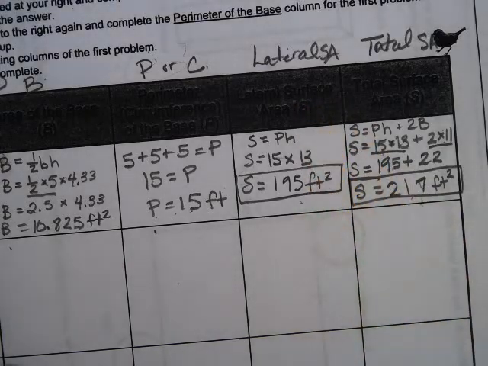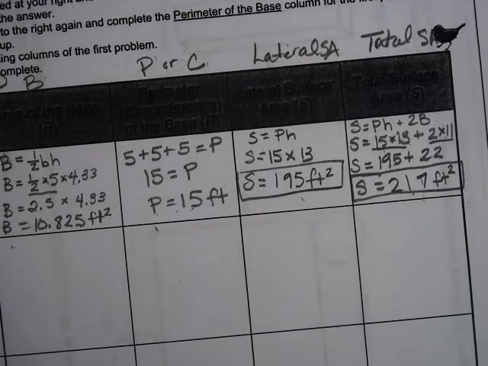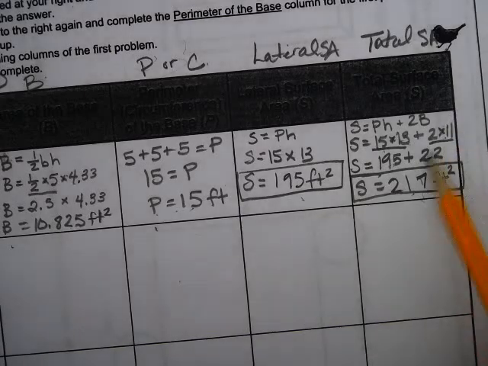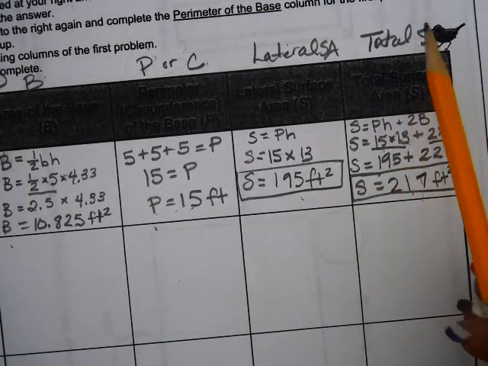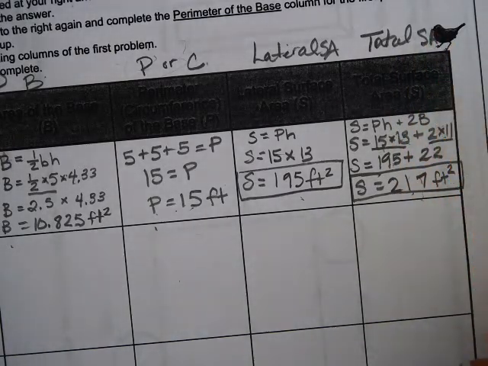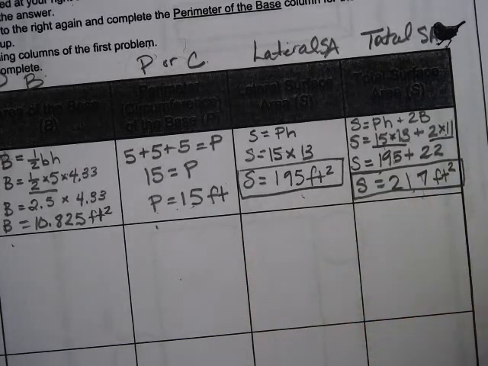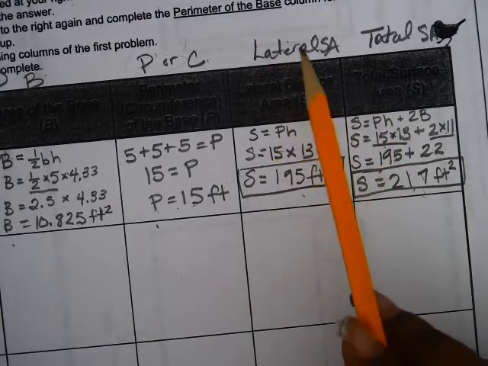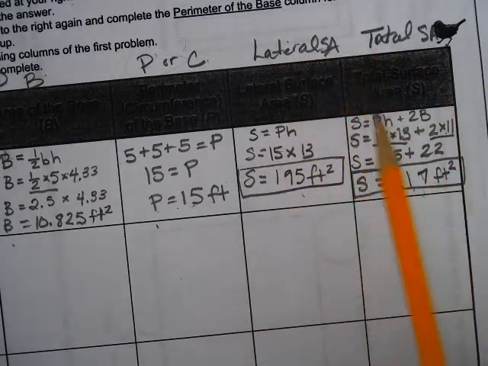So the question you have to ask yourself is, why is the total surface area more than the lateral surface area? Can someone answer that question for me? The total surface area is more because the total surface area measures the area of the surface with all the faces and all the bases. The lateral surface area is the area of the surface without the bases.